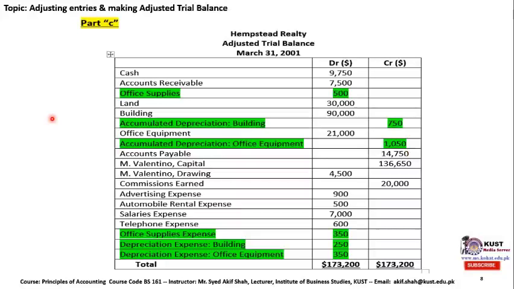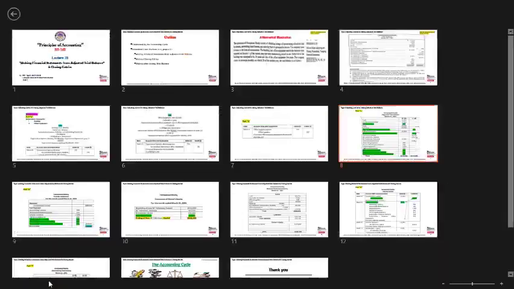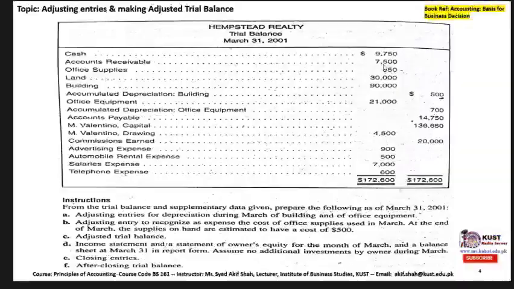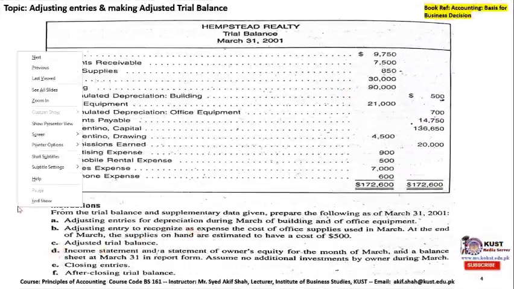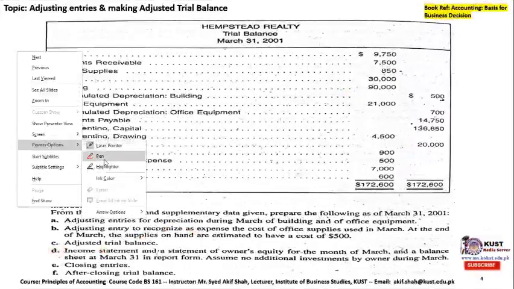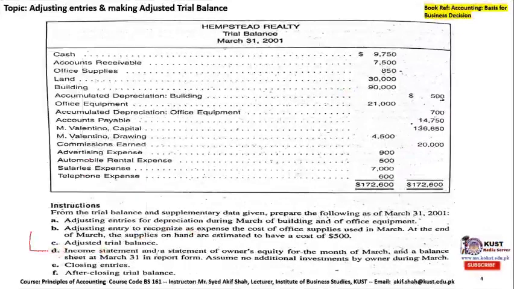And after incorporating those adjusting entries as highlighted in green before you, we'll move ahead towards part D, and let's go back to the illustration and read out what the instructions are requiring us to do in part D. Let me select the pen, and we will start this lecture from part D, that is the accounting cycle step number 6, to make the financial statements.